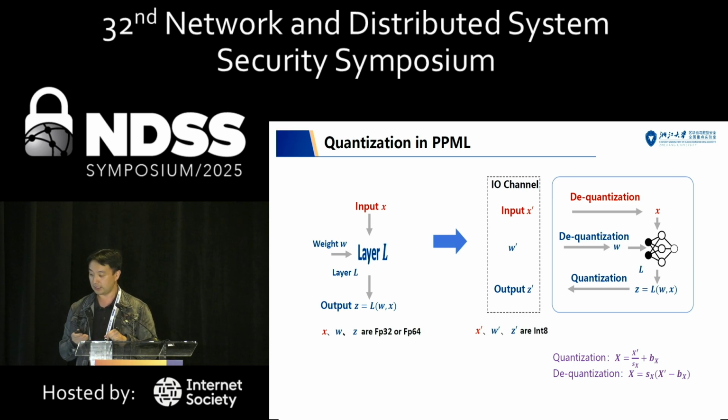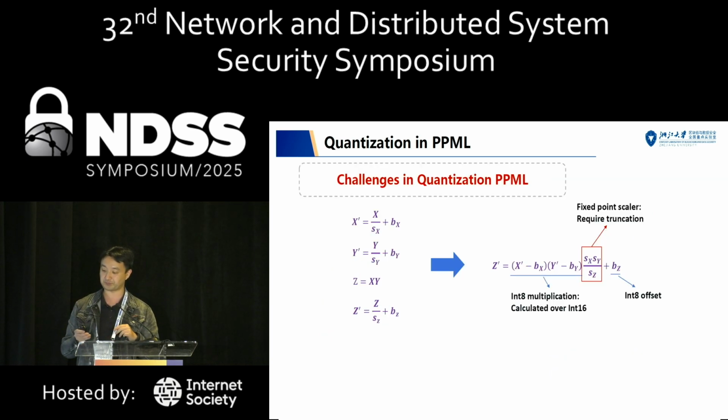In the right corner, it shows how you do quantization. You take Sx, which is a scalar, a fractional number, and X is the floating point or fixed point number, and X prime and Bx are 8-bit integers. Dequantization, you do the reverse.